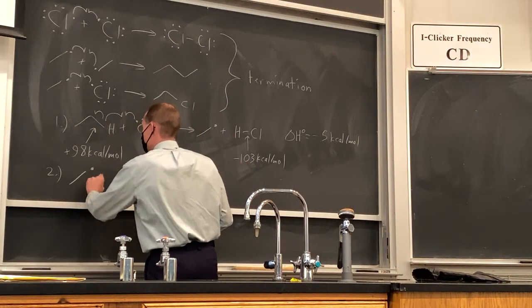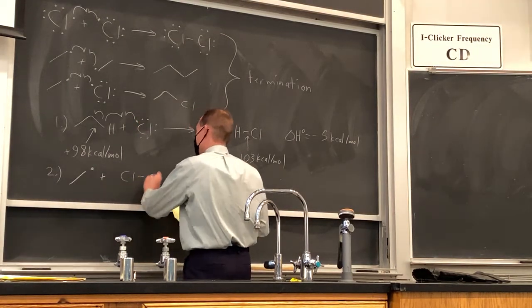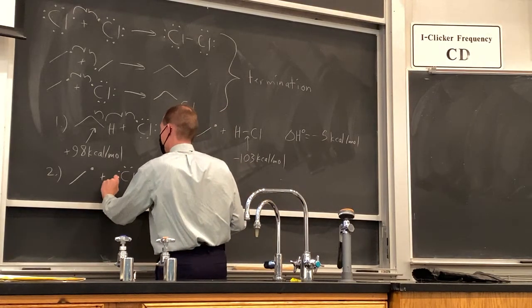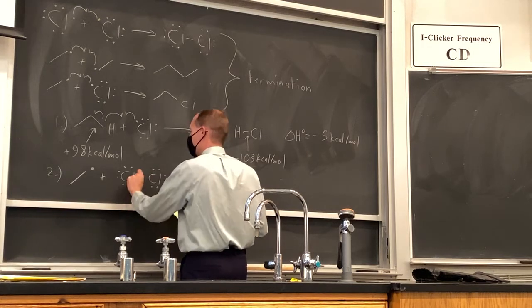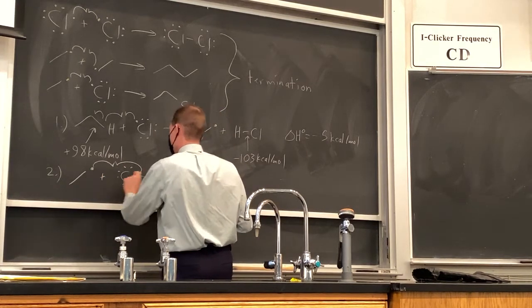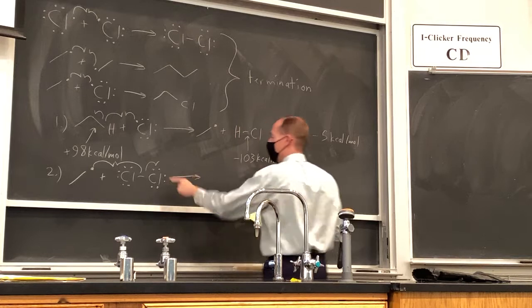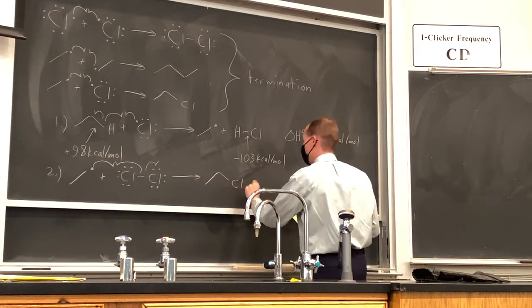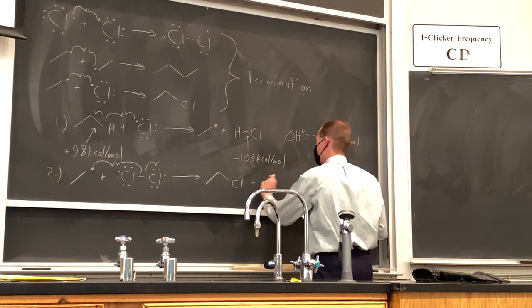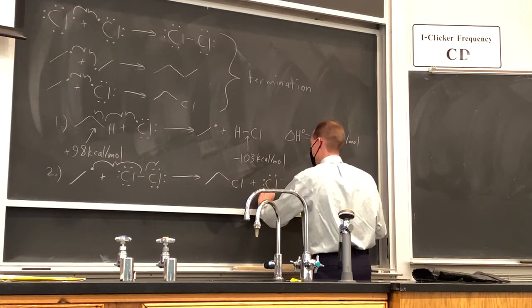In propagation step 2, we take our ethyl radical and we react that with our chlorine, molecular chlorine. We're breaking a chlorine-chlorine bond, and we're forming a carbon-chlorine bond. Okay?